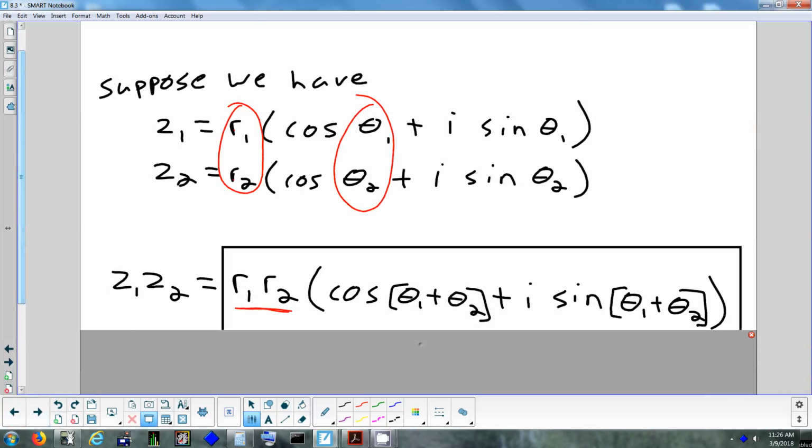The last calculation, you take theta 1 and theta 2 and you add them together. That's all you have to do. r1 and r2 multiply together, put that in front. Theta 1 and theta 2, add them together. That takes the place of doing something like this.